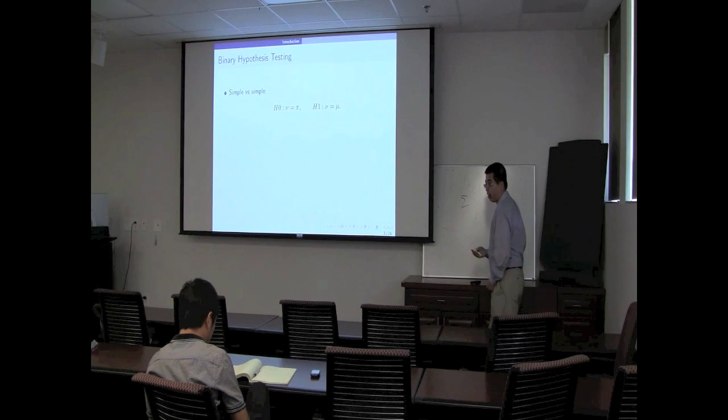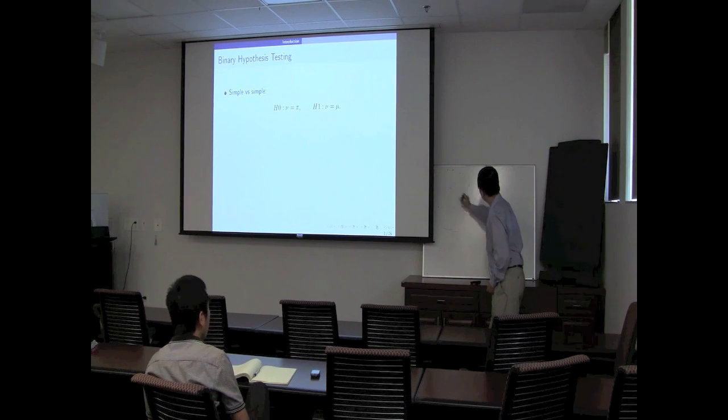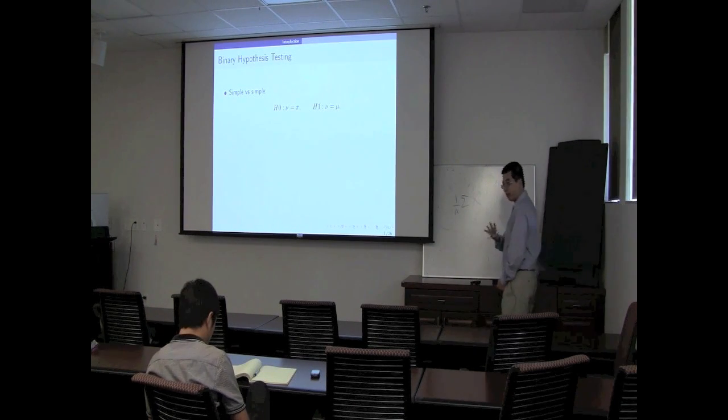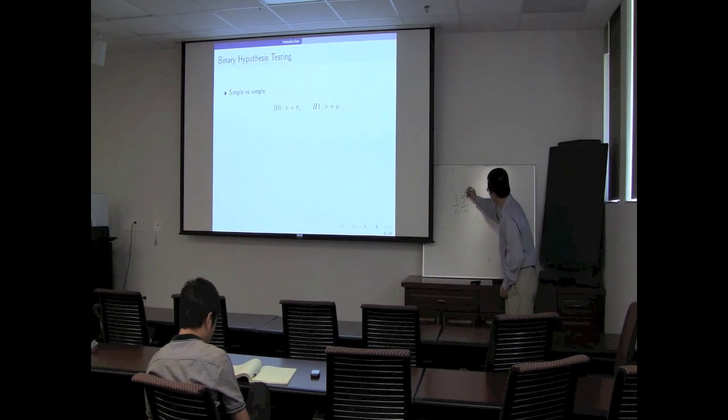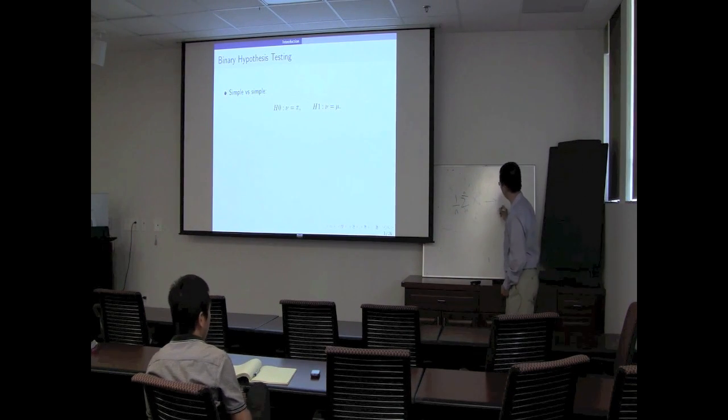Let's look at an IID sequence. Let's first look at the law of large numbers, because you're familiar with it. You know from the law of large numbers that, under a certain condition for an IID sequence with finite variance, the average will converge to the expectation.